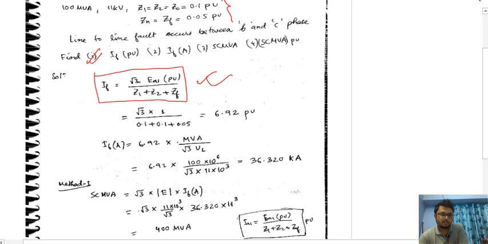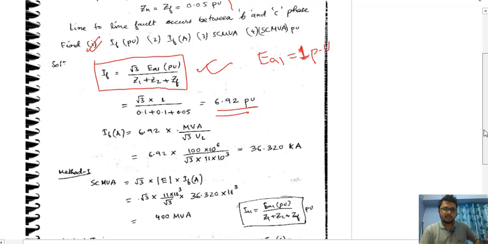So root 3 into EA1 in per unit. EA1 is how much? Always 1 per unit. Always the voltage source we should consider as 1 if you are calculating per unit. So EA1 equals 1, Z1 and Z2 are 0.1, ZF is 0.05. If you calculate you will get 6.92 per unit.